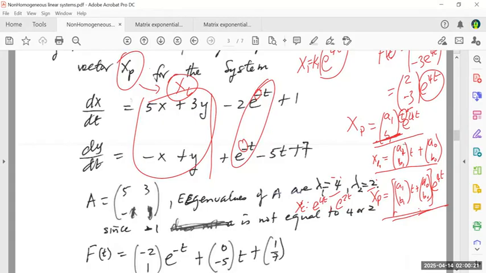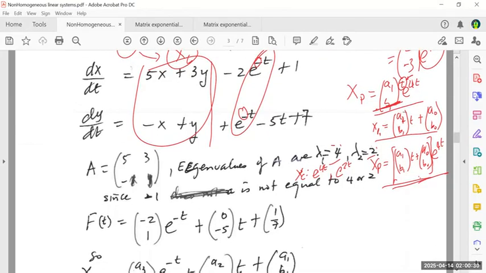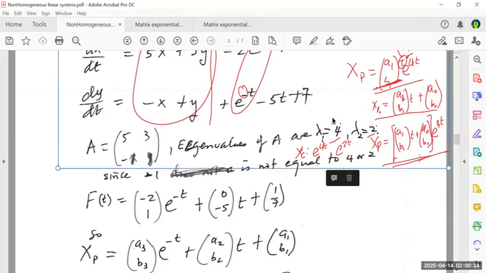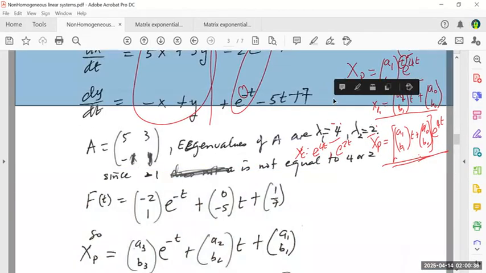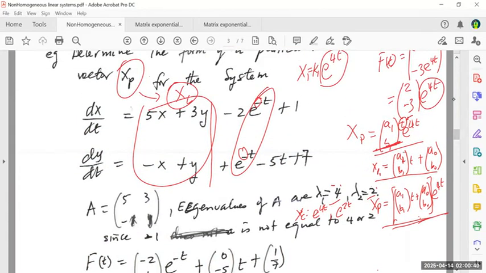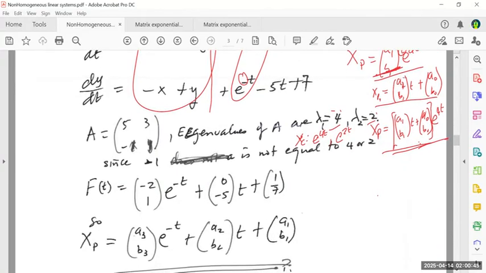The form of xp will just be determined by the generalized form of e to the power of the vector with e to the power minus t. So if we are to write f of t, it's a combination of the exponential functions and the linear polynomials.